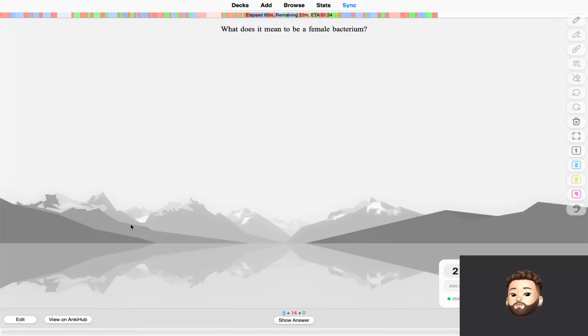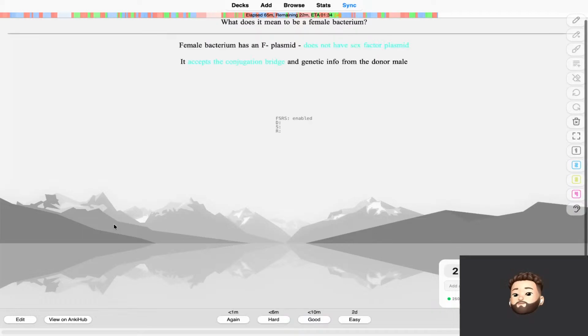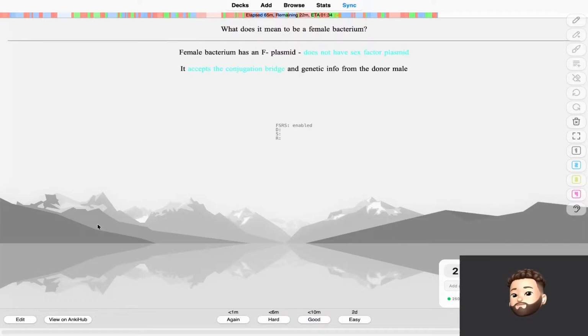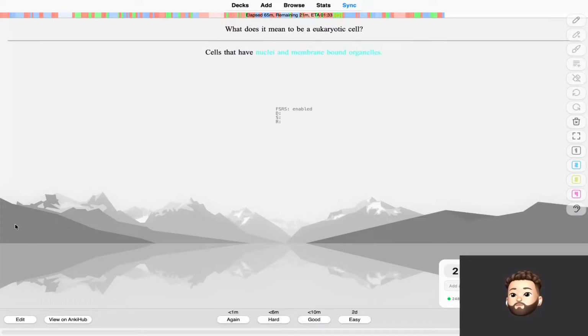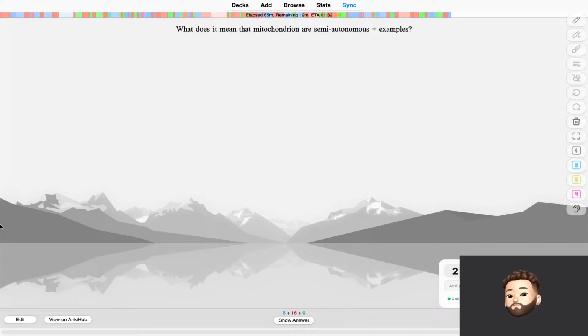What does it mean to be a female bacterium? To have no F plasmid. What does it mean to be a eukaryotic cell? You have membrane-bound organelles and a nucleus. You see, this one has membrane-bound organelles, but the prokaryotic cells didn't.